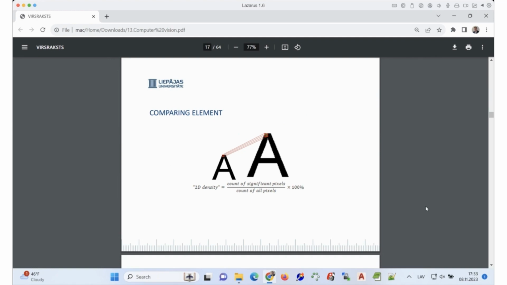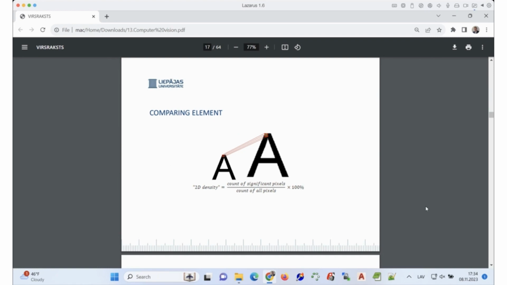Those 100% and 100% can be compared between themselves. So that becomes the area of comparison.